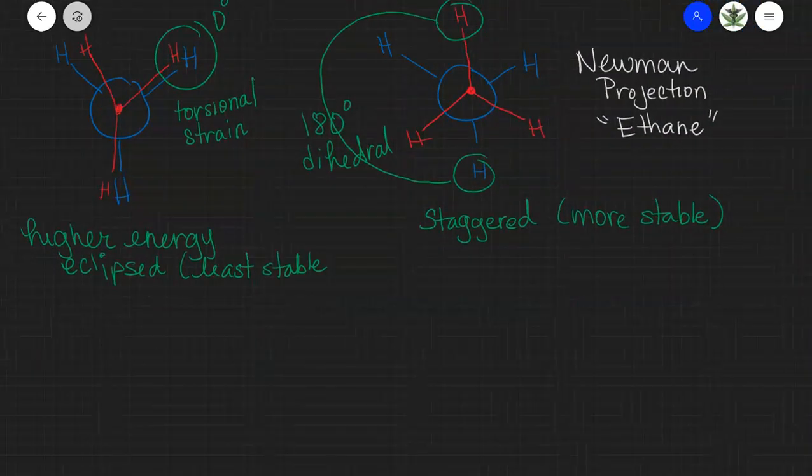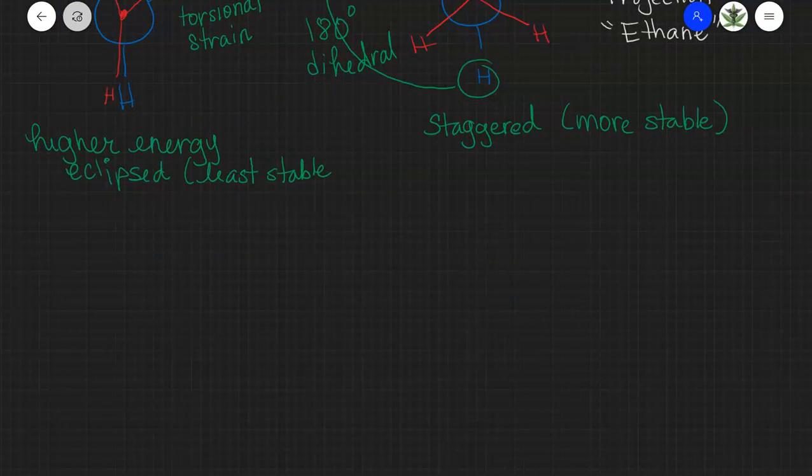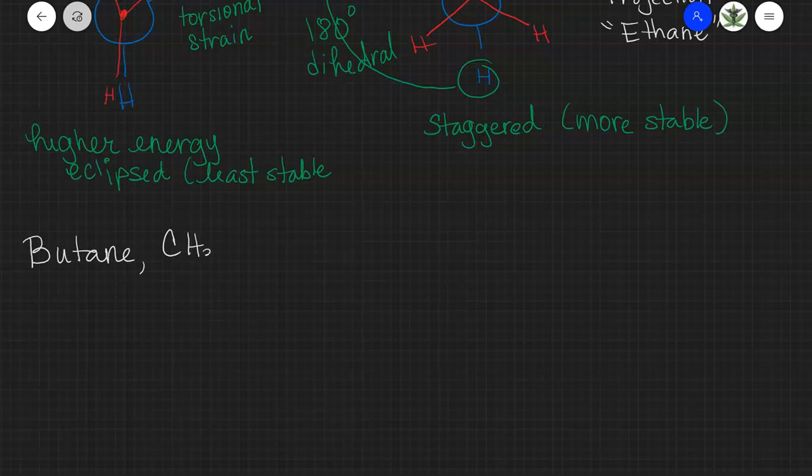So let's look at another example using more carbons. Let's look at butane. Butane has a formula CH3, CH2, CH2, CH3. And we want to draw the Lewis structure for butane.